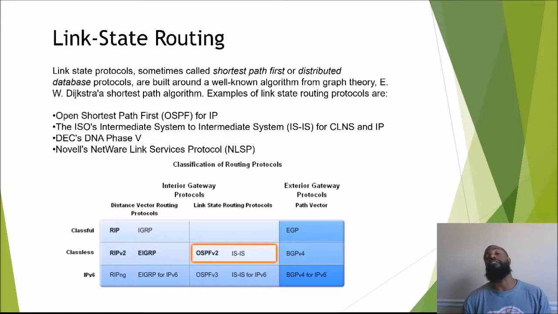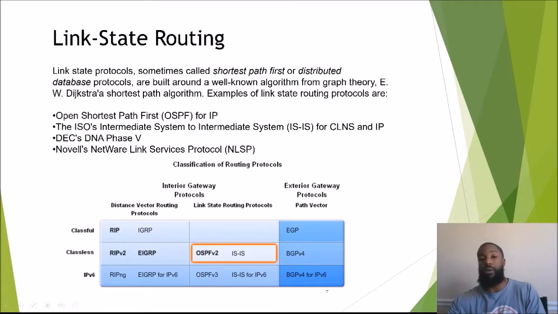In fact, OSPF is probably the most popular routing protocol in the world, other than BGP, but BGP is an exterior gateway protocol, right? OSPF is internal. So moving right along, as you can see in this chart, we have interior gateway protocols on the left and exterior ones on the right: EGP, which is not really in use anymore, BGP version 4, and BGP version 4 for IPv6.